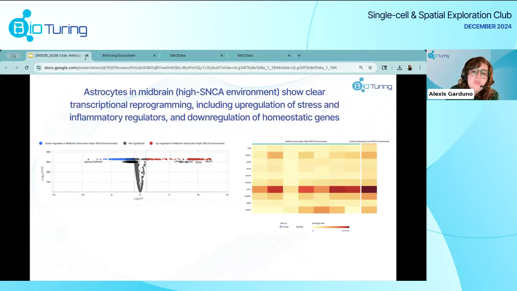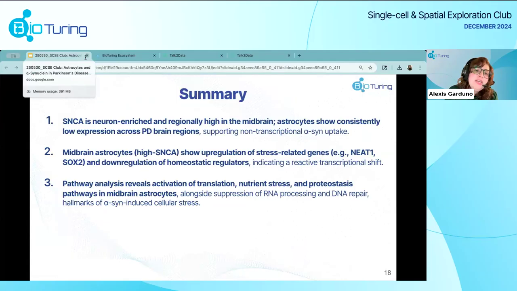The last part of the summary is the pathway enrichment analysis. So how can we take this finding, this reactive transcriptional shift, and connect it to functional pathways from the database?